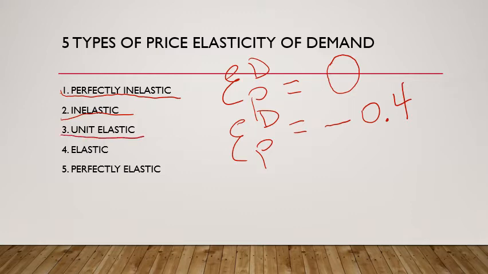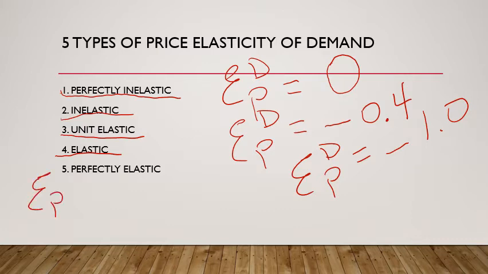Unit elastic. Unit elastic would look like this. Again, P for price, E for elasticity, and D for demand, meaning we're dealing with consumers. Unit elastic would be shown this way, negative 1.0.